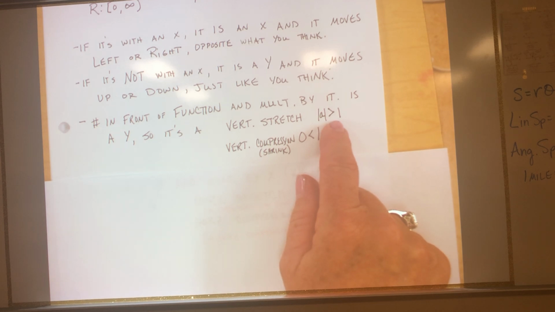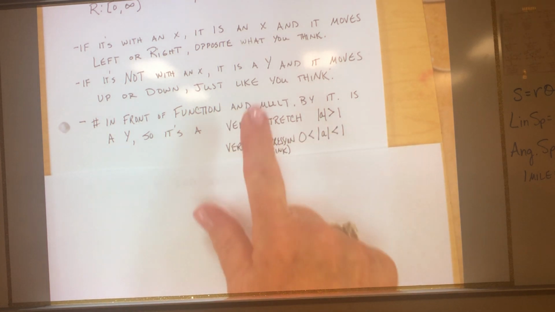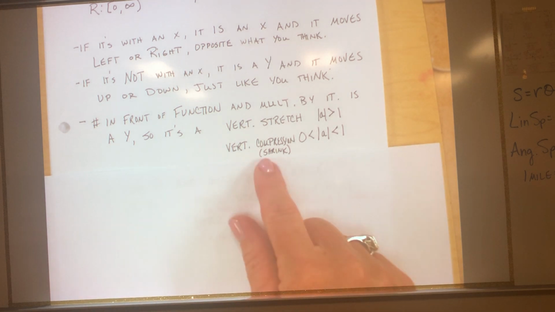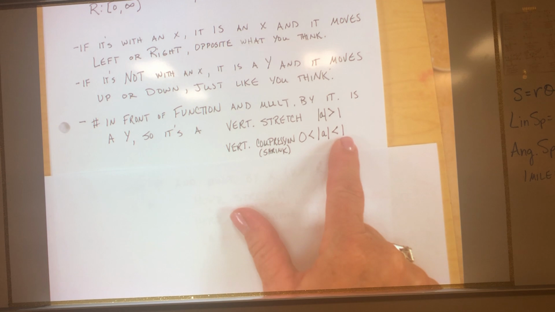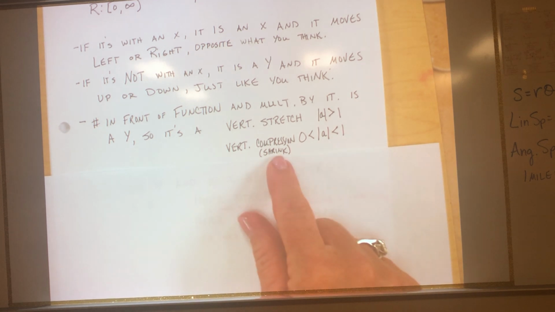You would look skinnier. The same way with that V, the same way with that sine curve stretch, he's going to look a lot skinnier. For a compression, that number has to be between 0 and 1.